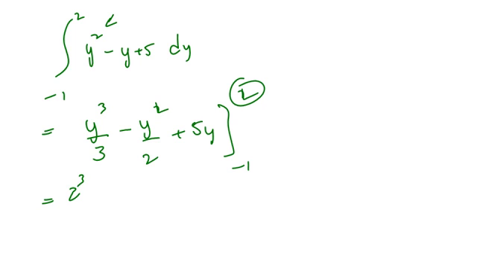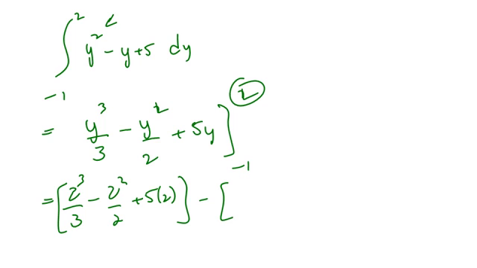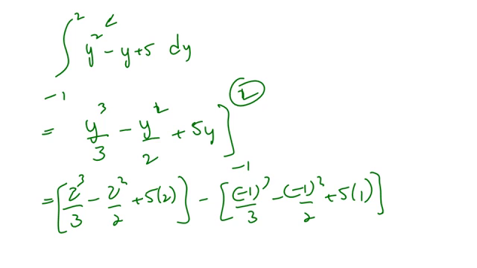So plugging in my y values, plugging in the 2 first, so it's 2 cubed over 3 minus 2 squared over 2 plus 5 times 2, and I'm going to subtract when I've plugged in the -1. So -1 cubed over 3 minus -1 squared over 2 plus 5 times -1.